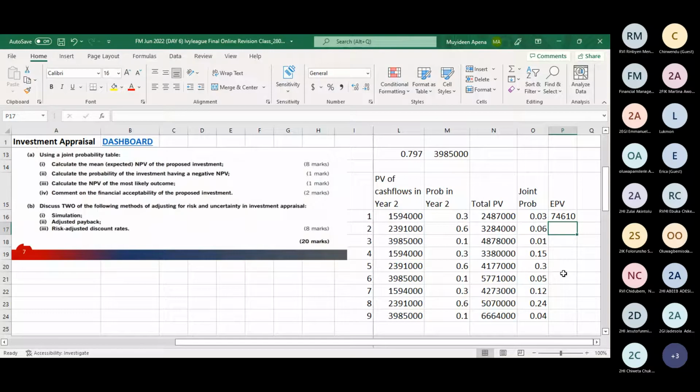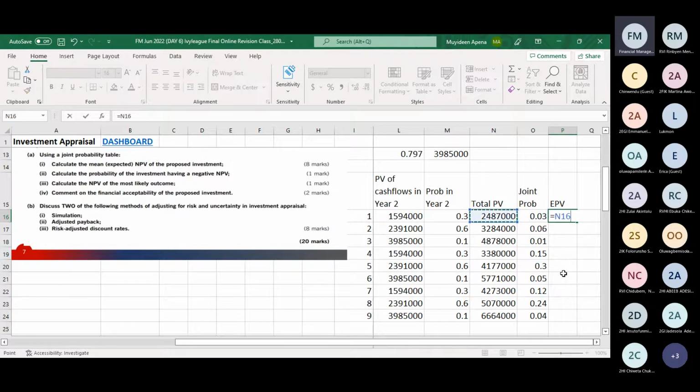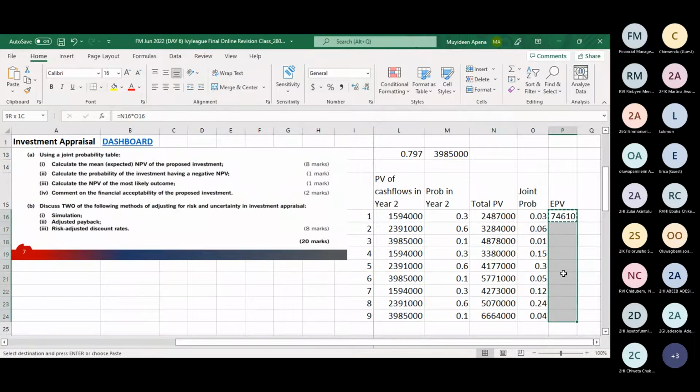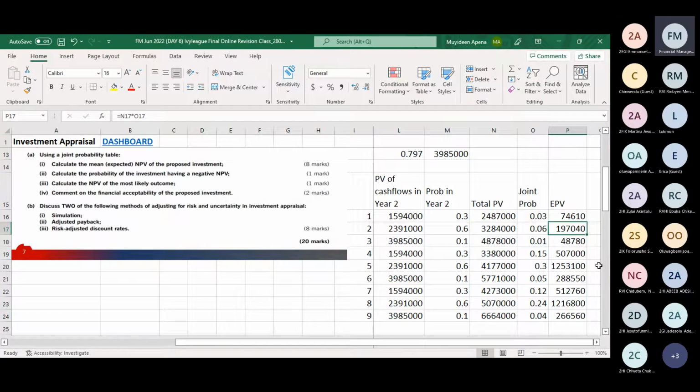Expected present value is going to be equal to the total present value of this scenario times the joint probabilities of this scenario. So we have this for the first scenario. And we will do that multiplication all through joint probabilities, that is multiplication of the 2 probabilities. Yes, it's the multiplication.